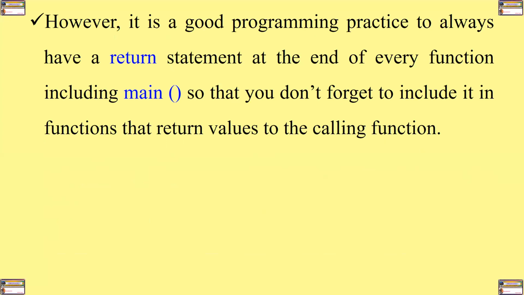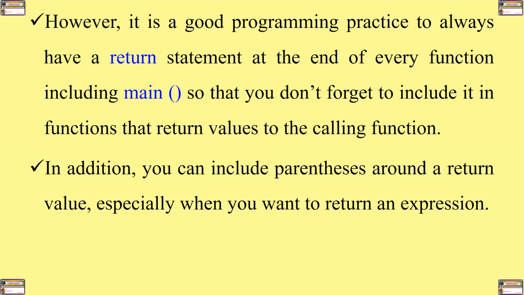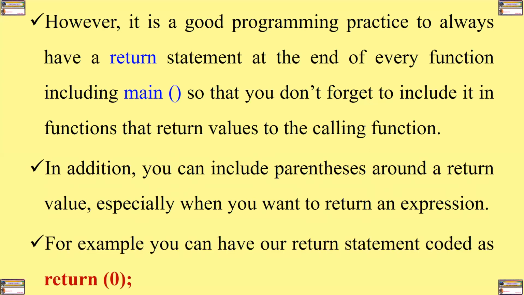However, it is good programming practice to always have a return statement at the end of every function, including the main function, so that you don't forget to include it in functions that return values to the calling function. In addition, you can include parentheses around a return value, especially when you want to return an expression. For example, you can have our return statement coded as return 0 enclosed in a pair of parentheses and a semicolon.